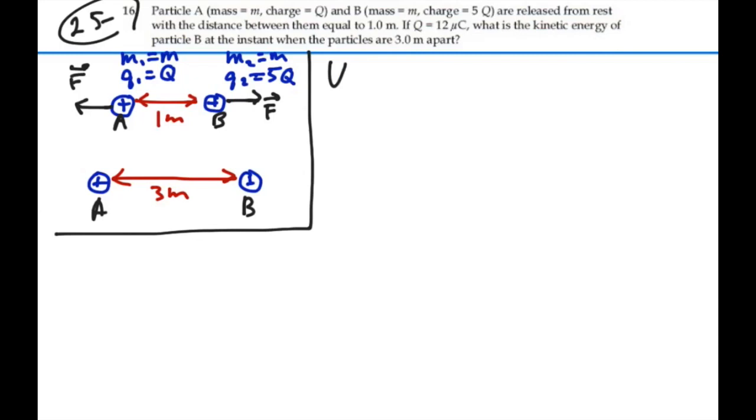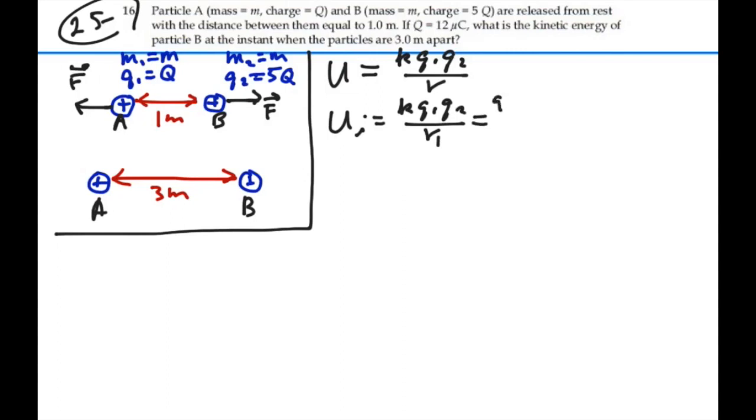We know in general that the potential energy of a two-charge system is K Q1 Q2 over the distance between them. And in this case, that means our initial potential energy is going to be K Q1 Q2 over our initial separation distance.